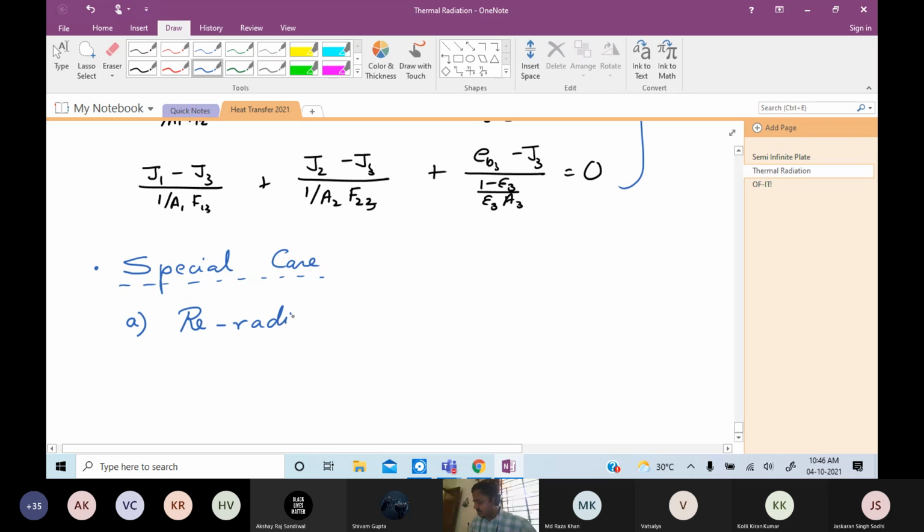One is called a re-radiating surface. What it essentially means is it's an insulated surface. Okay. What does that mean? That means 0 heat flux.